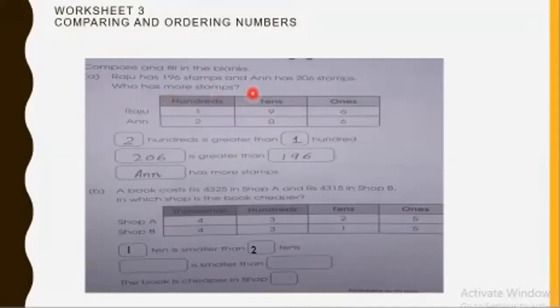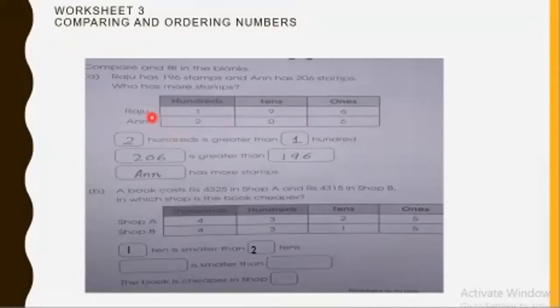But students, when proper instructions are given, before telling the answer, you need to follow the proper steps which are mentioned in your workbook. And this box of comparison will help you a lot when you compare and order numbers in thousands and so on, in bigger numbers.